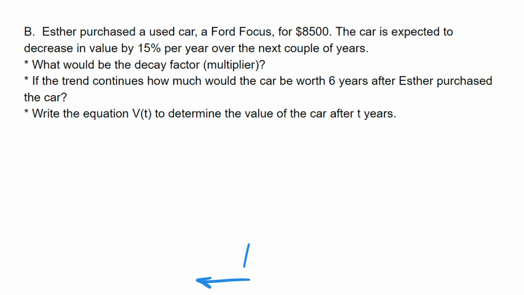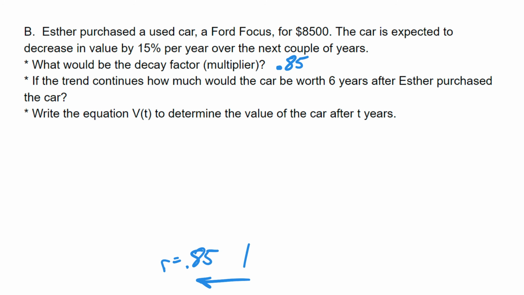It's a representation of the number 1. So if we subtract 15%, that would be 0.85, and that's our rate. Her car will be worth 0.85 of what it was. All right? What would be the decay factor? We just talked about that, 0.85. That's what our common ratio is going to be.